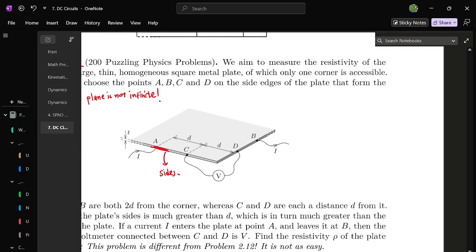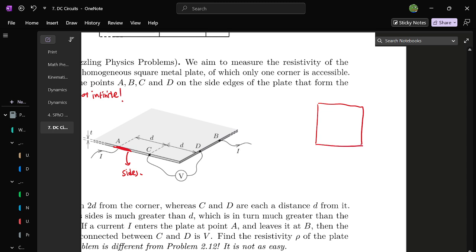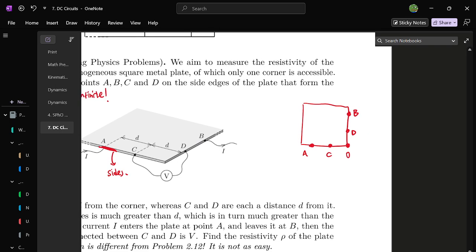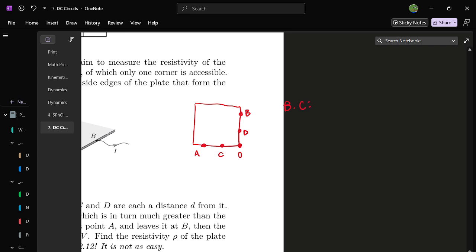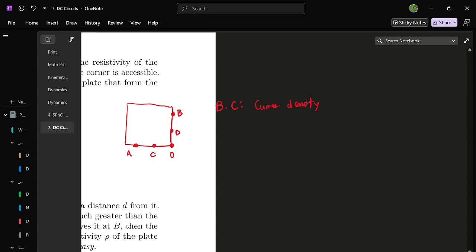So what do I mean by that? I'll just draw it out here. A, C, O, D, B, and all the distances are D. So the boundary condition, as I stated, is that current density must be parallel to the edges of the plate.